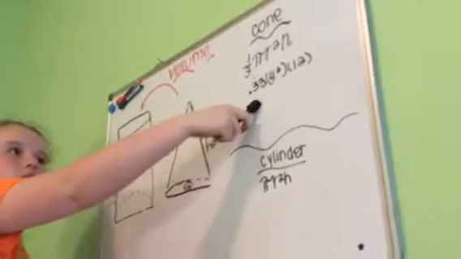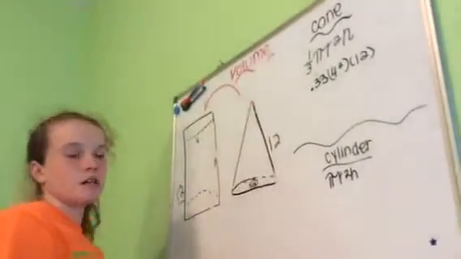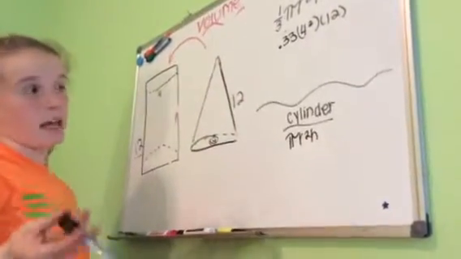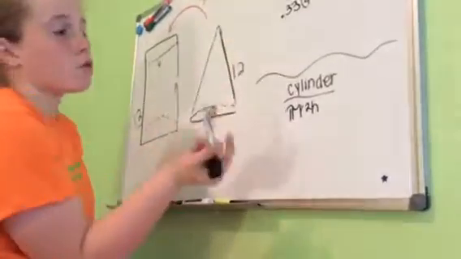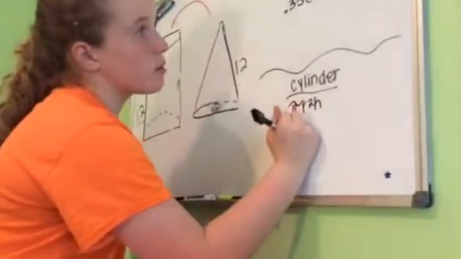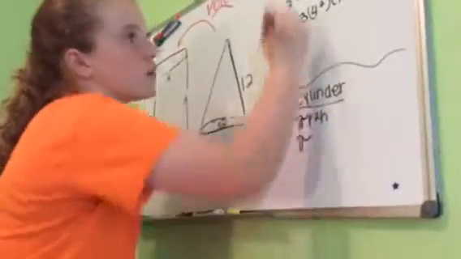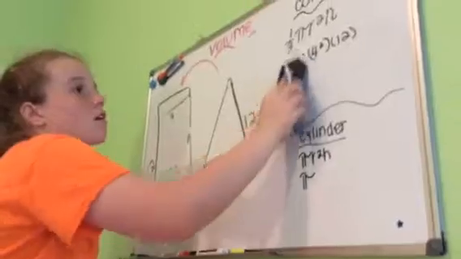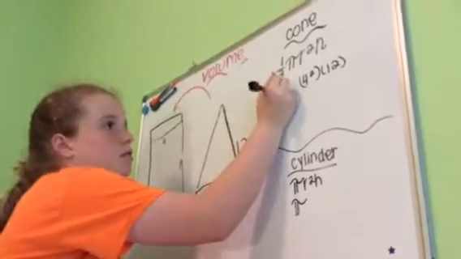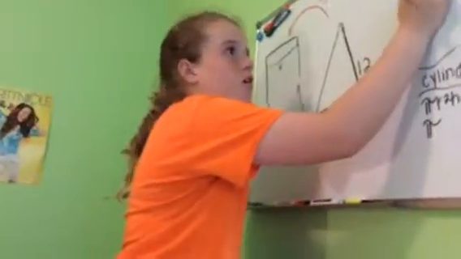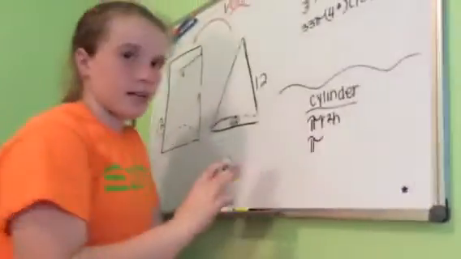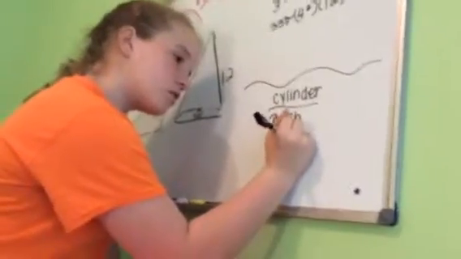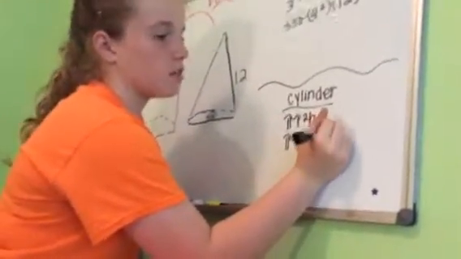We will come back to our cone so that we compare it to our cylinder. So the plug-in numbers are going to be basically the same, except there's not going to be the 0.3333333. We're going to keep our pi, and we're going to do our radius, the 4 squared, and then our height, 12.